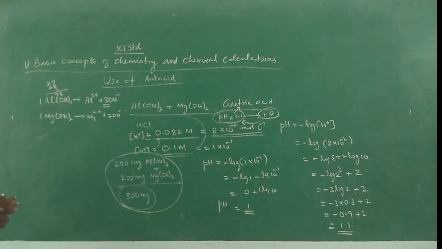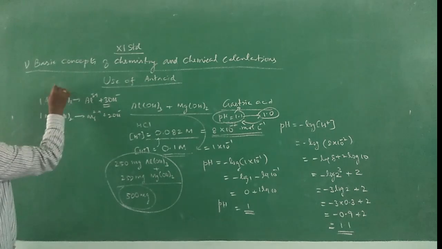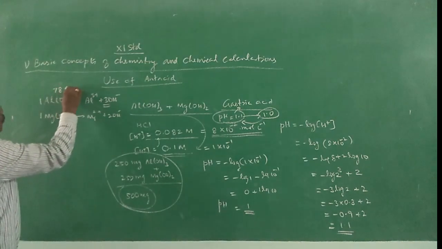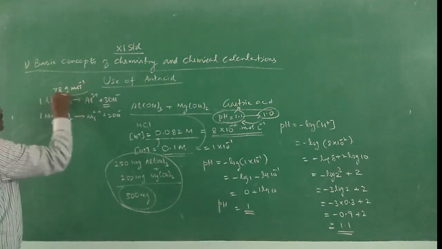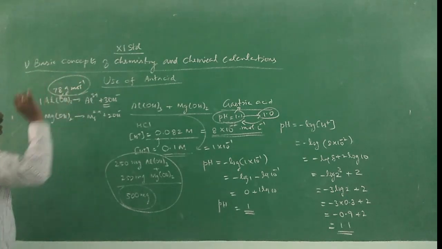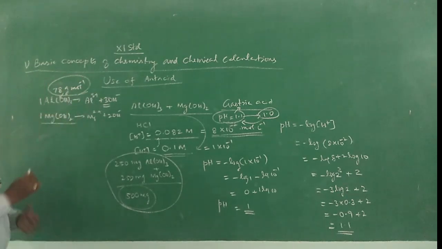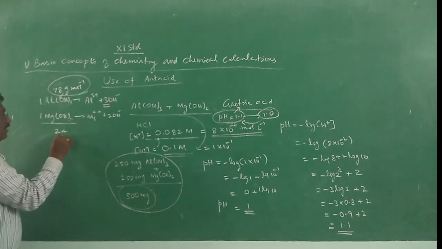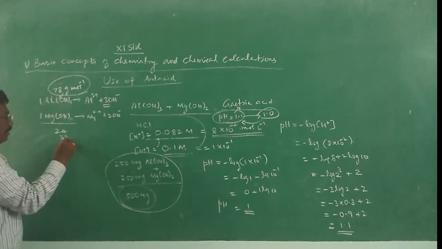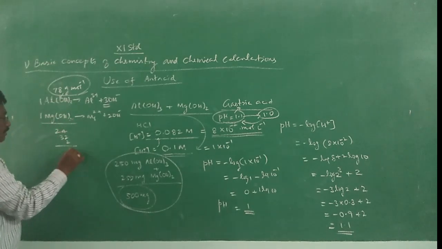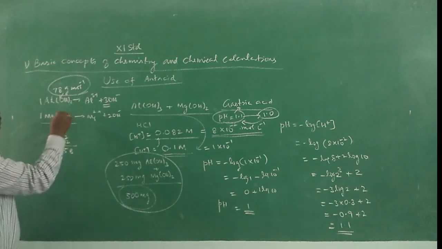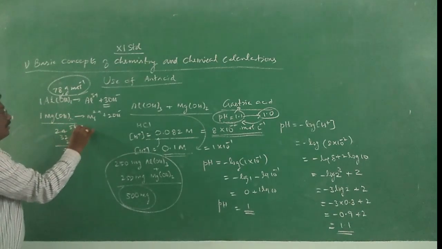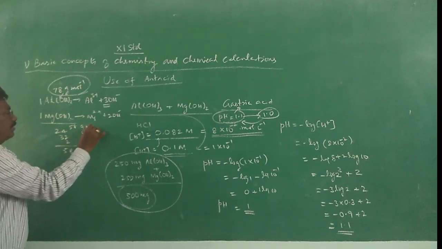The molecular mass of aluminum hydroxide is 78 gram per mole. 1 mole of aluminum hydroxide is having mass equal to 78. If we go in for magnesium hydroxide, atomic mass of magnesium is 24, 2 into 16, 32, 2 into 1, 2, total 58. 58 gram per mole is the molecular mass of magnesium hydroxide.